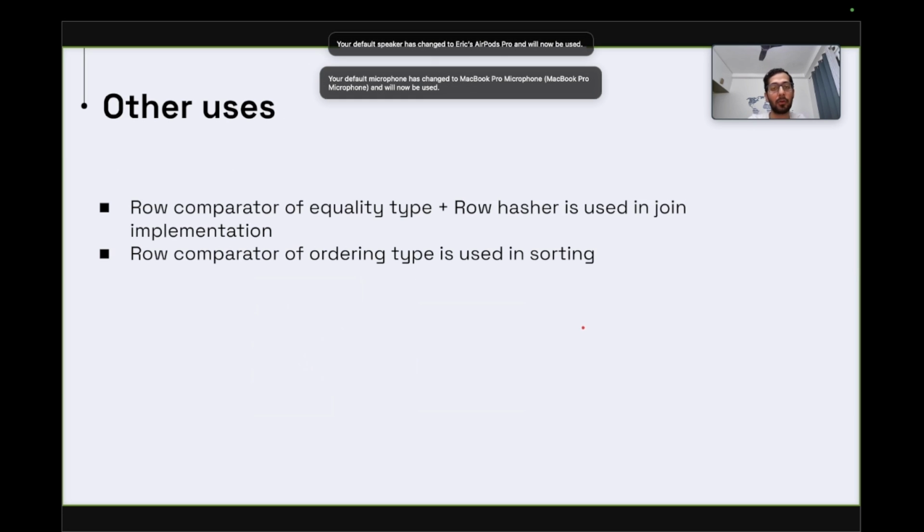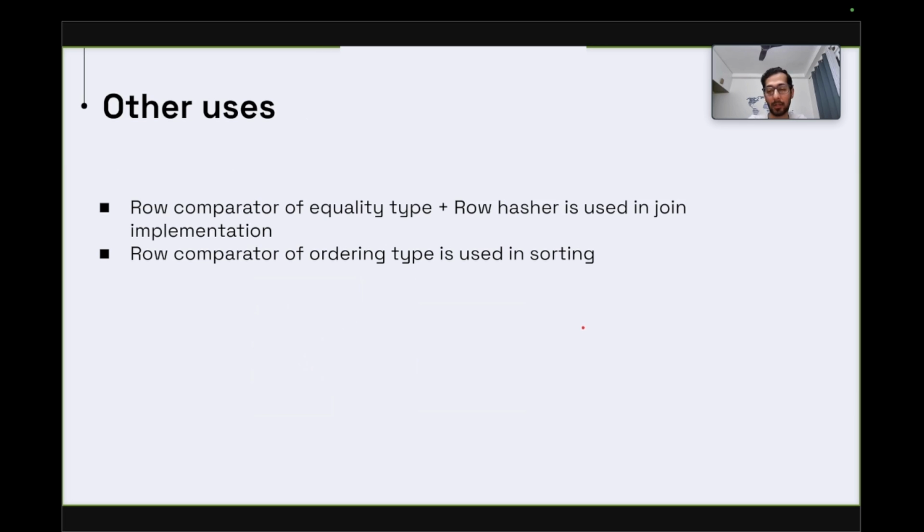It has a cousin for row ordering, a comparator, a less than operator, and that one is used for sorting. So the way sorting works in cuDF is also similar. You give it a table view, you give it a row comparator, and you ask it to reorder indices.